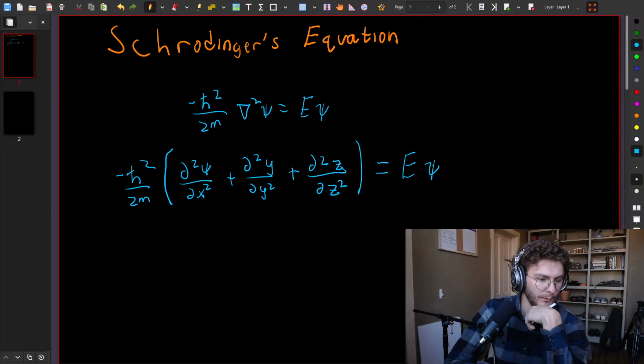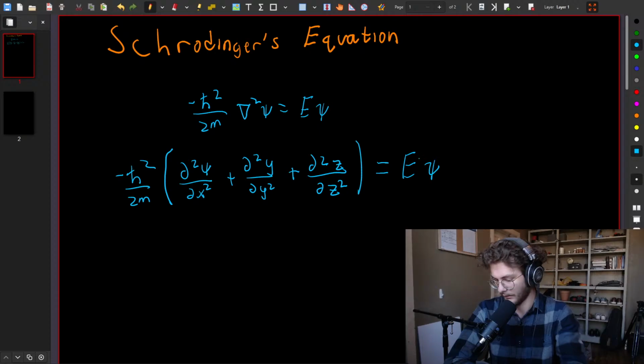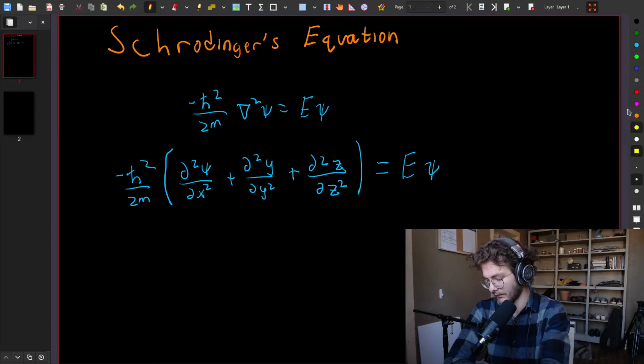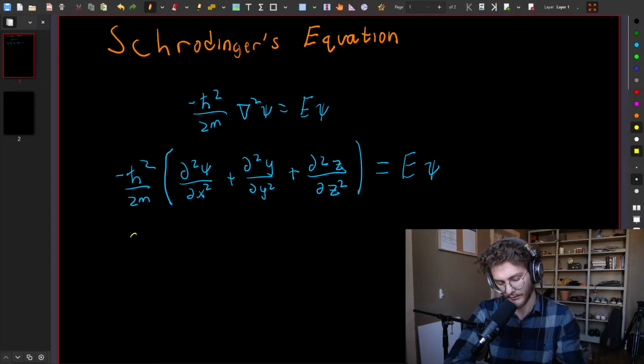So now that we've done that, we want to set it into the form, and I'm going to do this in yellow, even though it's kind of a crazy looking yellow.